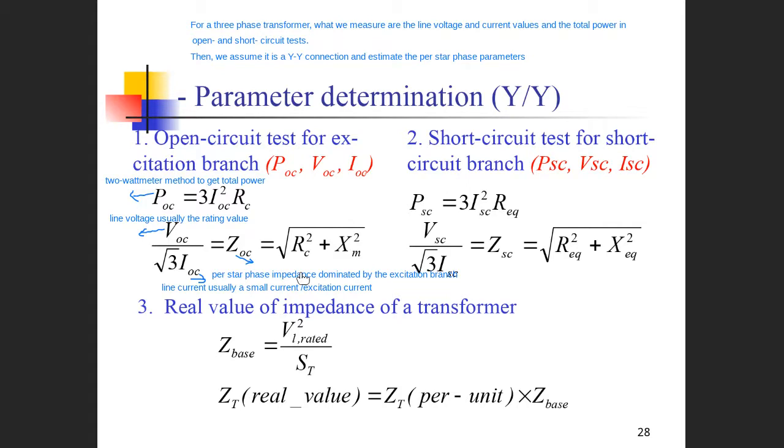I just explained that what you measure are the line values. So in your mind, bear the relation between the line values, the star values and the per phase values in the star connection. So here is the per star phase impedance dominated by the excitation branch, and here is the excitation branch in series.